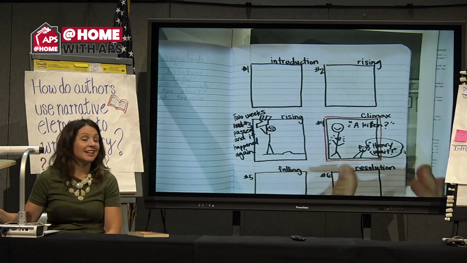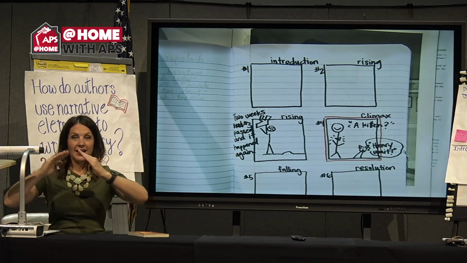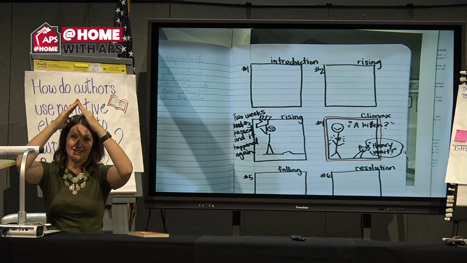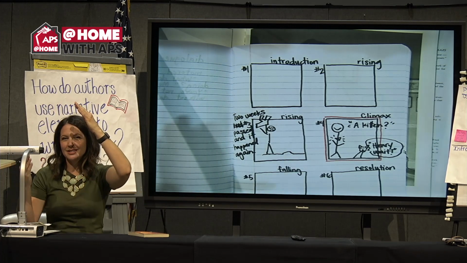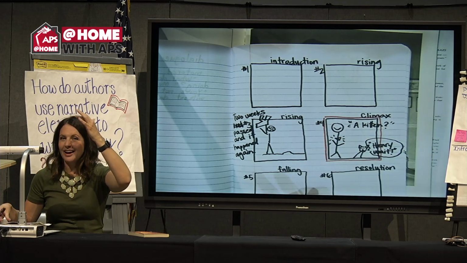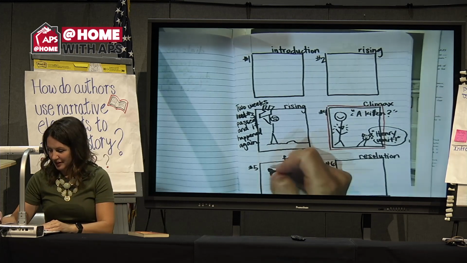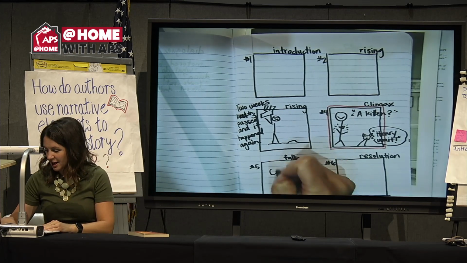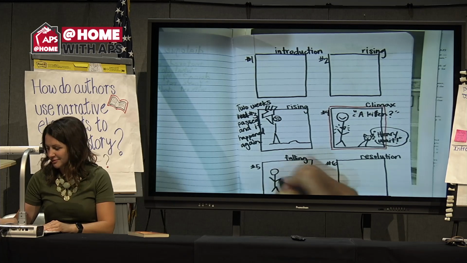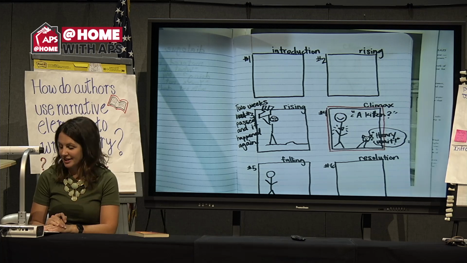So I have my climax here. Henry wasn't sure what was hiding, and it turns out to be a kitten. What is going to happen next? I think I'm going to make Henry keep the kitten. So Henry is going to, how about he builds the kitten a nice home, a nice spot?